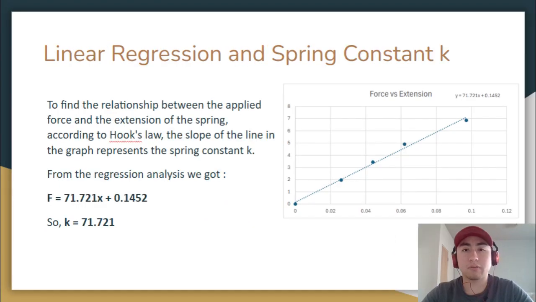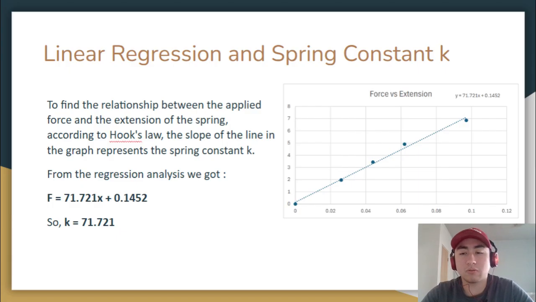Now let's go with the linear regression and the spring constant. To find the relationship between the applied force and the extension of the spring, according to Hooke's law, the slope of the line in the graph represents the spring constant k. From the regression analysis, we got the following values: F equals 71.721 x plus 0.1452.